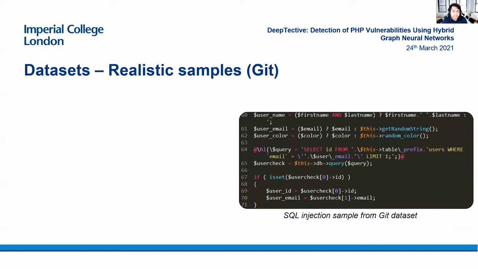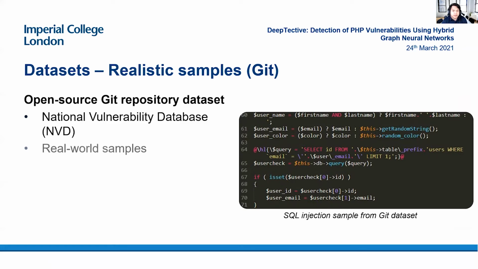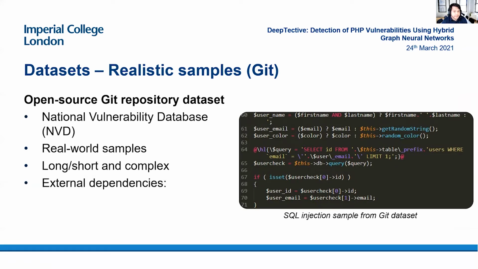However, the second dataset, the realistic dataset, we mined from open source GitHub repositories. It consists of real-world samples, and it might be long or short, and definitely complex in nature. It does contain external dependencies, and it does represent real-world vulnerabilities.